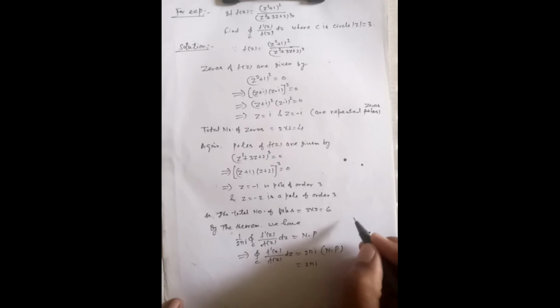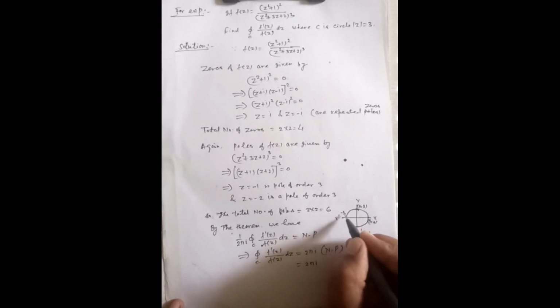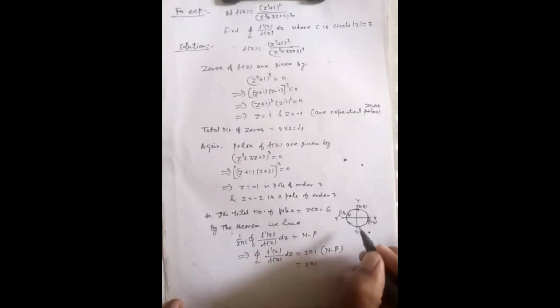because the figure of mod z equal to 3 is like this. Suppose this is the x-axis, this is the y-axis. So the coordinates of these points will be (3, 0), (0, 3), (minus 3, 0) and (0, minus 3).